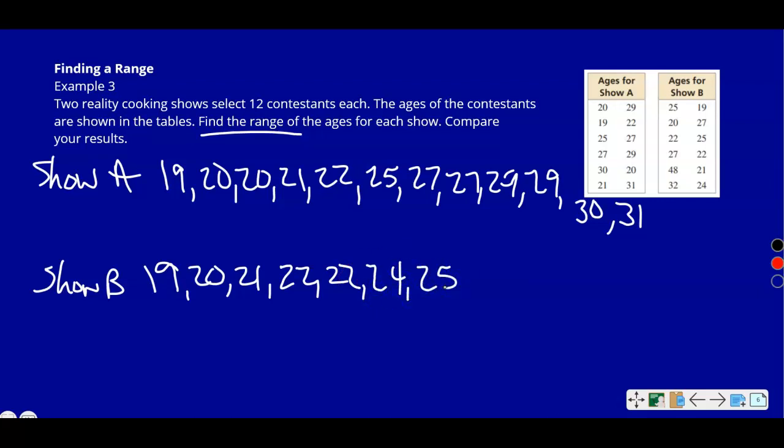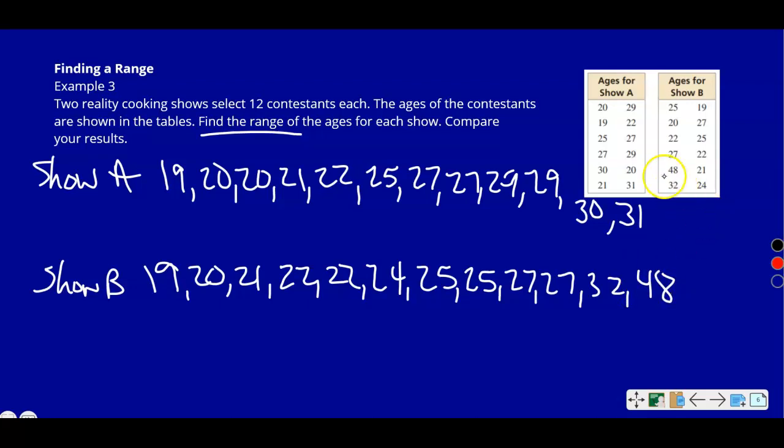There's a 25, another 25. There's 2 27s. There's a 32. And then 48 would be the last one.